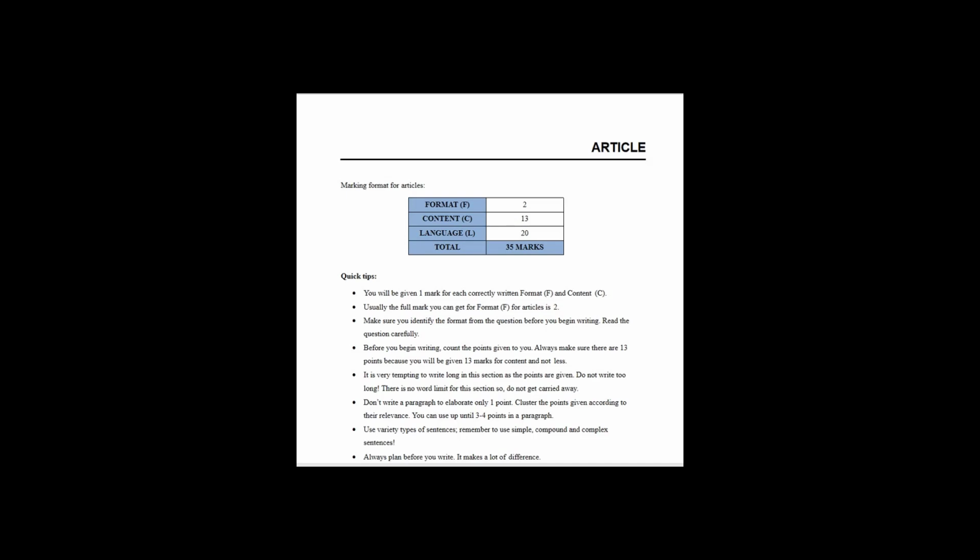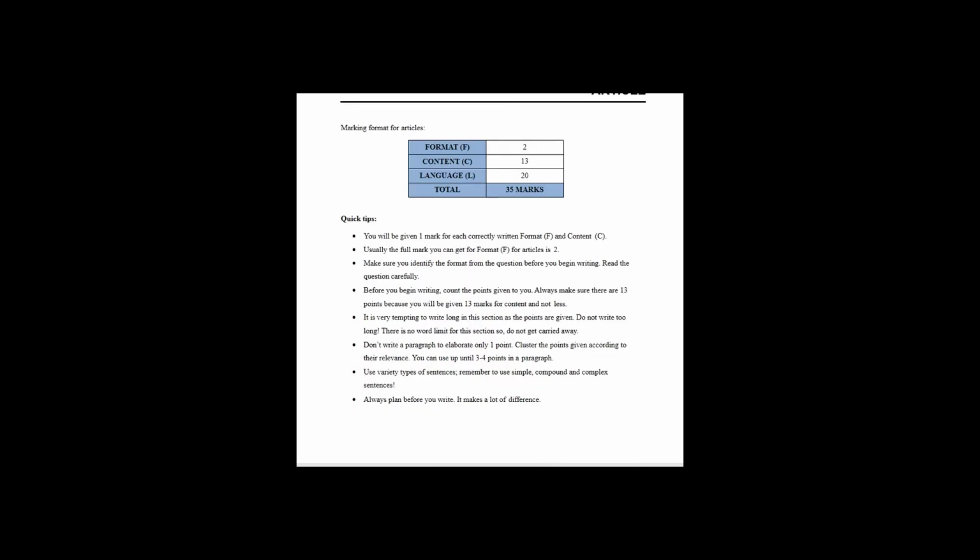The language is where the teachers will be looking at this part, the criteria for marking language. For excellent, 19 to 20, these are the criteria. So when you write your essay, the teachers will look at this part when they give you marks, 20 marks over there.